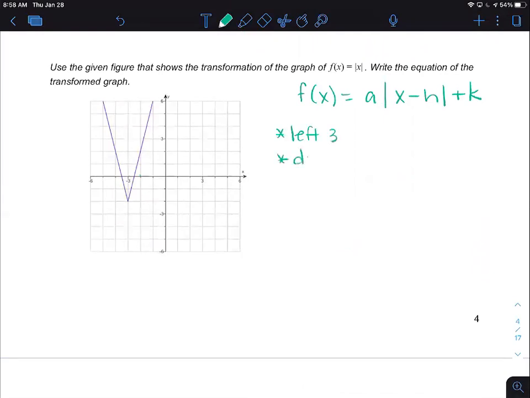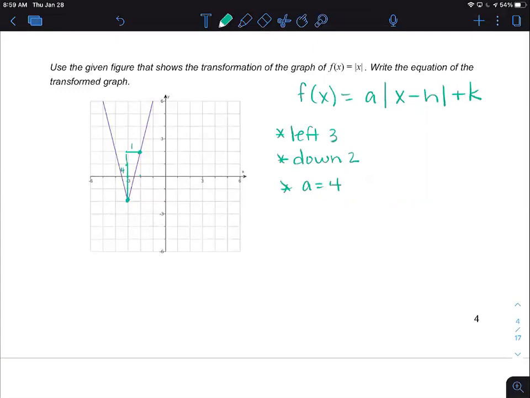We're moving down 2. And then we need to figure out our slope. So starting at our vertex, we're going to go up 1, 2, 3, 4, and to the right 1. So a equals 4. And we know it's positive because our V is facing up.